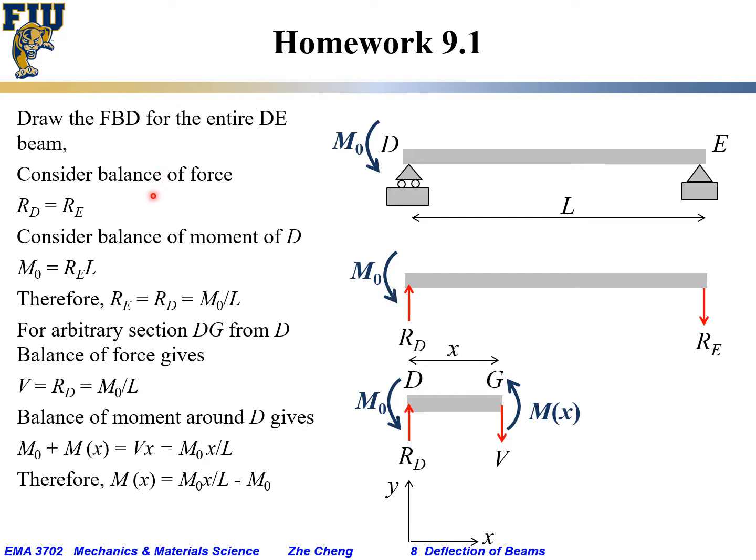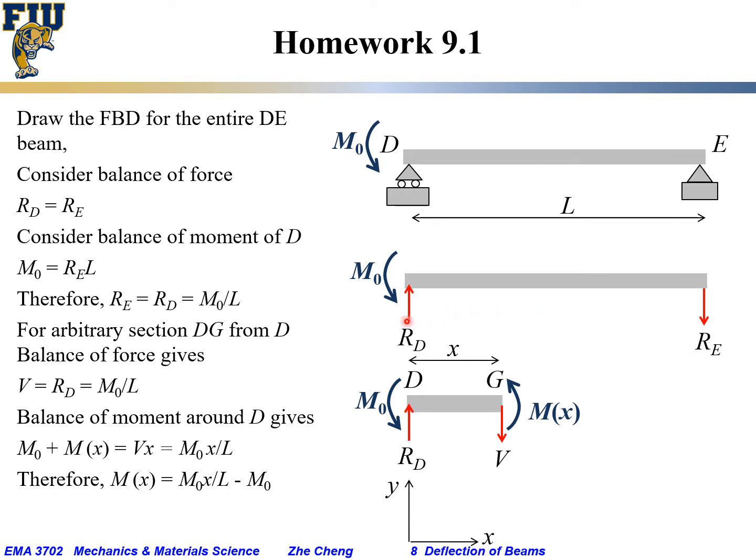So consider the balance of force. Of course, the magnitude of RD equals RE, and as we draw, they are opposite in direction. And then consider the balance of moment at the D side. We have M0 trying to rotate this beam counterclockwise, and that is balanced by RE times L, the force times distance, trying to rotate this DE beam clockwise.